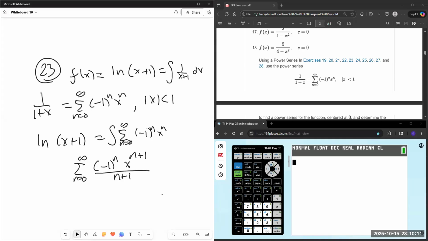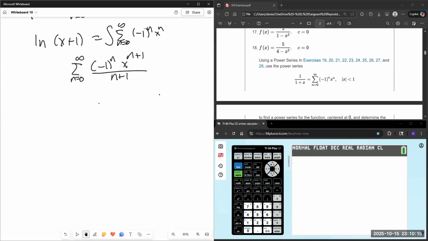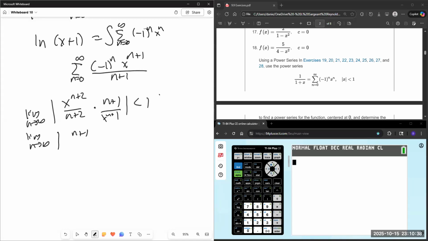And my interval of convergence here: the limit as n goes to infinity of x to the n plus 2 over n plus 2 times n plus 1 over x to the n plus 1. This is the limit as n goes to infinity of n plus 1 over n plus 2, times absolute value of x, less than 1.